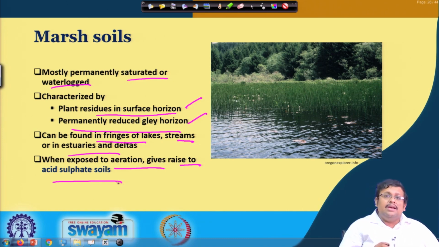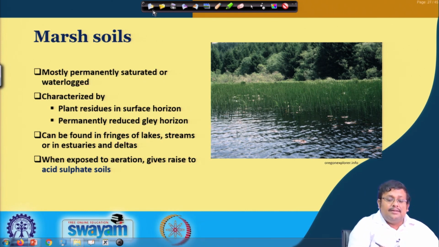We call them Kari or Pokkali soils. These are highly acidic in nature because of the formation of sulfuric acid due to the oxidation of sulphide. These are the characteristics of the marsh soils.